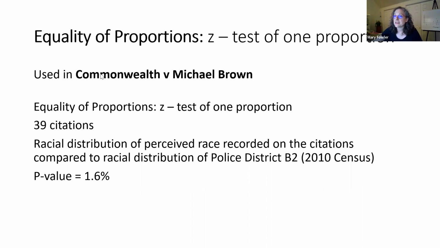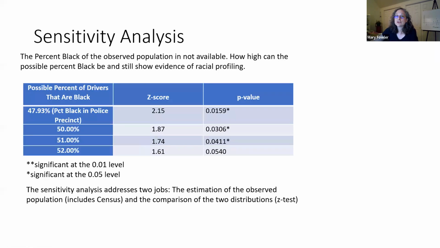In this case, there were 39 citations that the officer had written, and the racial distribution from these 39 citations was compared to the racial distribution in the police district. We used the Z test of one proportion to compare, and it yielded a p-value of 1.6%.